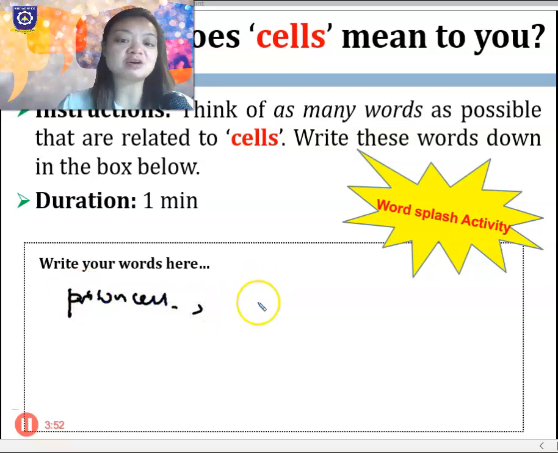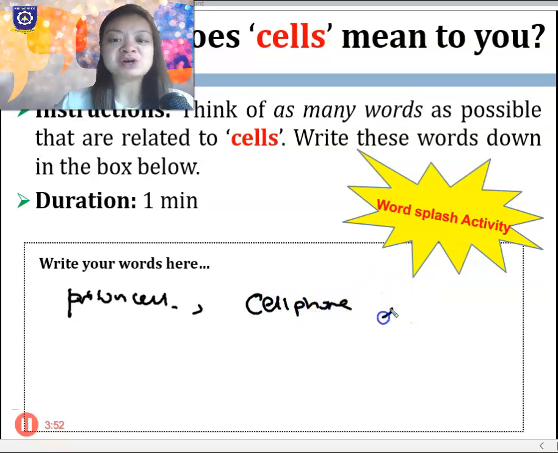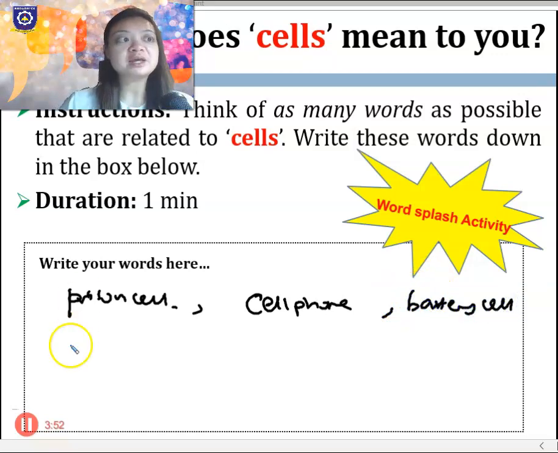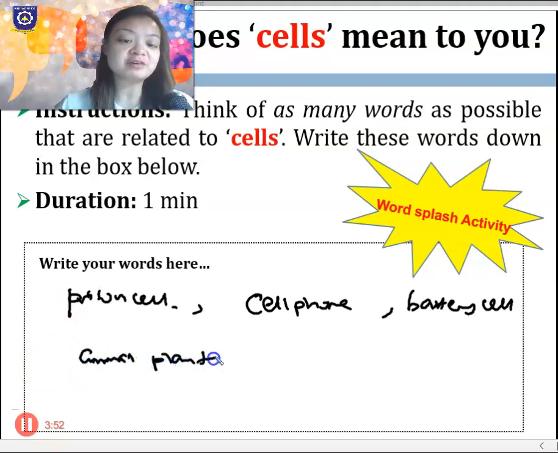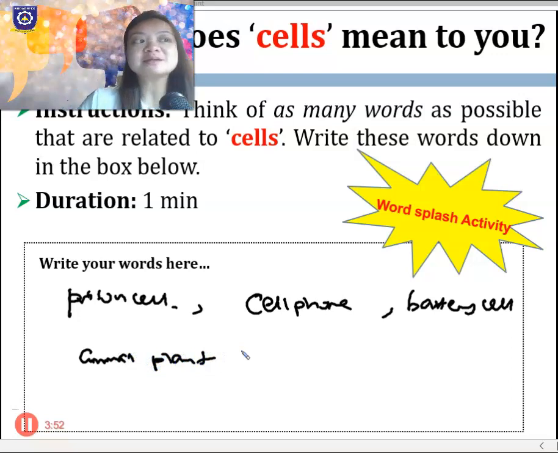Alright, or I may think of a cell phone. I don't know whether you all can remember what a cell phone is because all of you now have an iPhone. Or I will basically think of a battery cell. Okay, I may think of an animal cell. I may also think of a plant cell. So I think some of you may have written some of these words down.